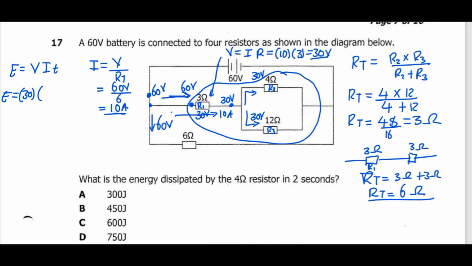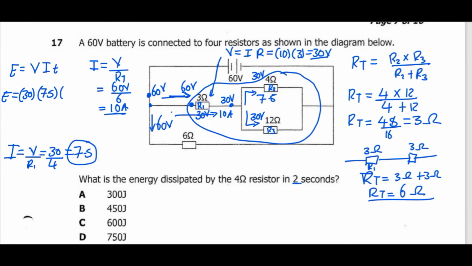It's simple. We can say current is equal to voltage over resistor. So voltage we know is 30 over resistor is 4. So 30 divided by 4, we get 7.5. So from 10 amps, 7.5 went in this direction. So 7.5 is what we are going to put here.